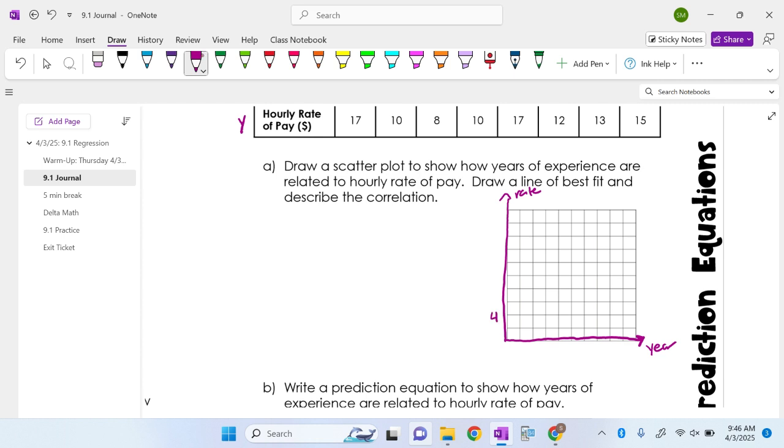Every line on the y-axis is going to be 2 units, so every other one would be 4. I'll label it like this. And every line would be 1 unit on the x-axis, so every other would be 2.